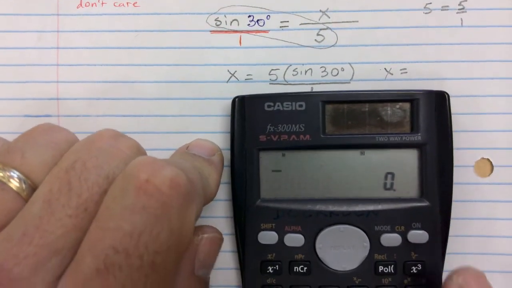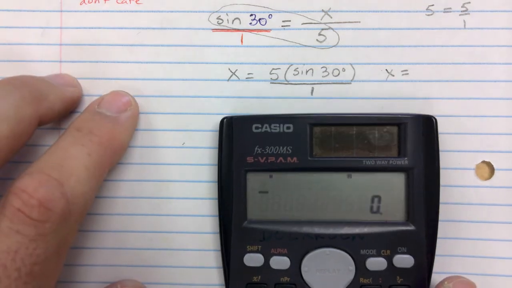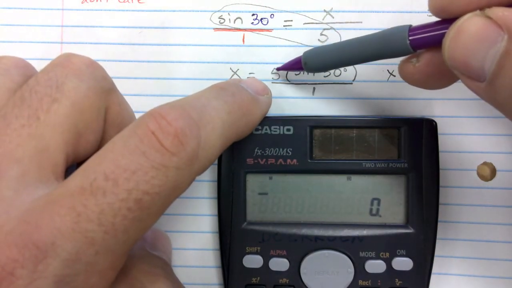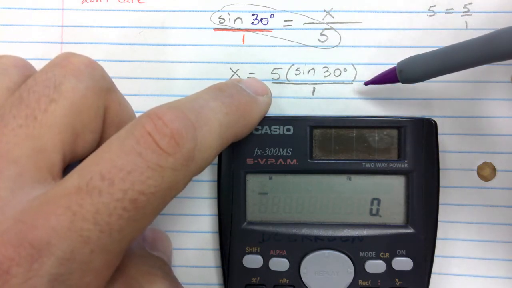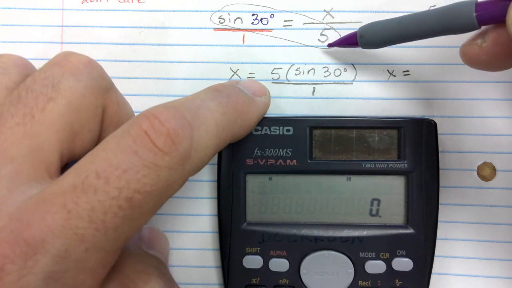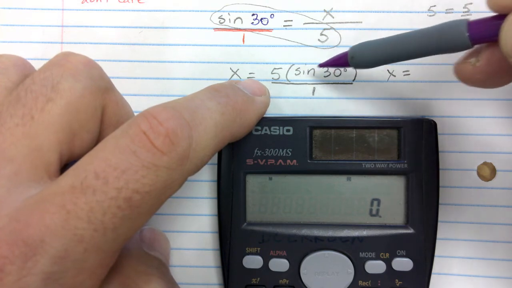Watch what I'm going to do here. I will tell you this. Could you have had sine of 30 in front and then the 5 behind it? Yes. But I would always recommend to put the actual value, the number, in front of whether it be sine, cosine, or whatever.